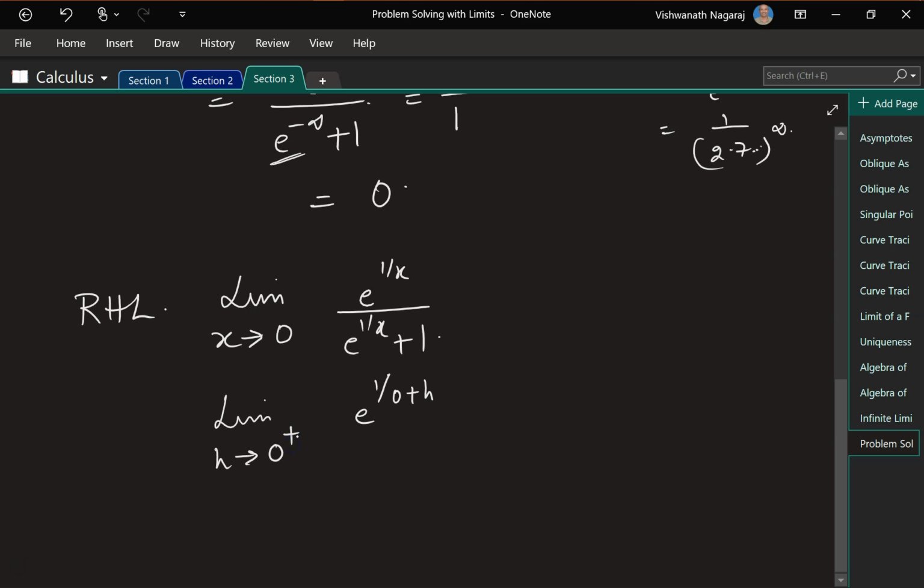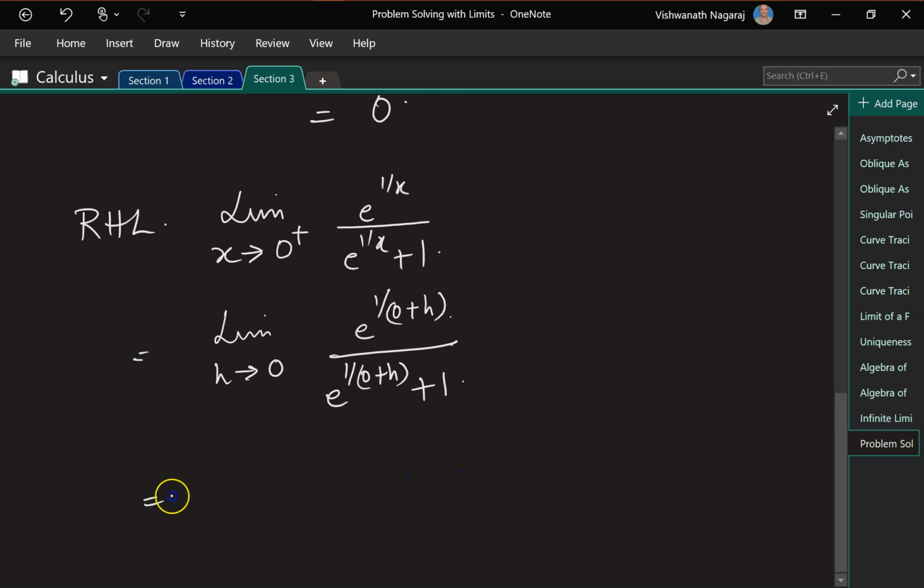This is from the positive side, divided by e to the power of 1 by 0 plus h. Put brackets, otherwise division takes priority. Plus 1. Okay, so this is equal to, let's do a little bit more simplification. So this becomes e to the power of 1 by h divided by e to the power of 1 by h plus 1.